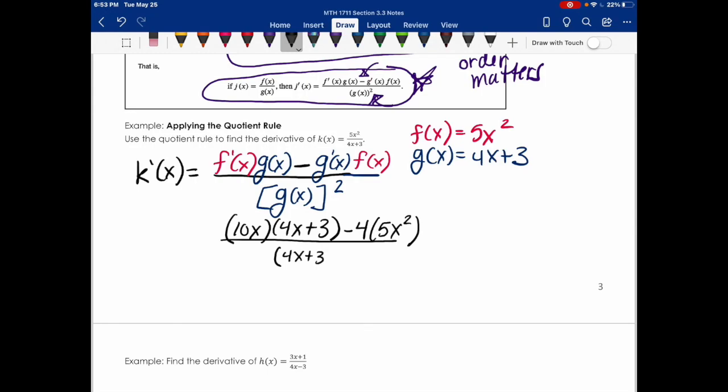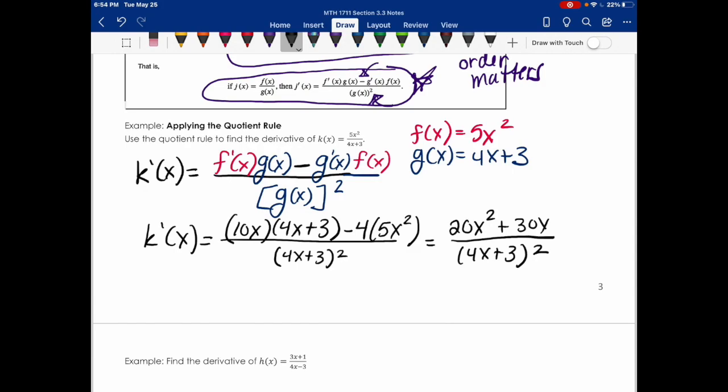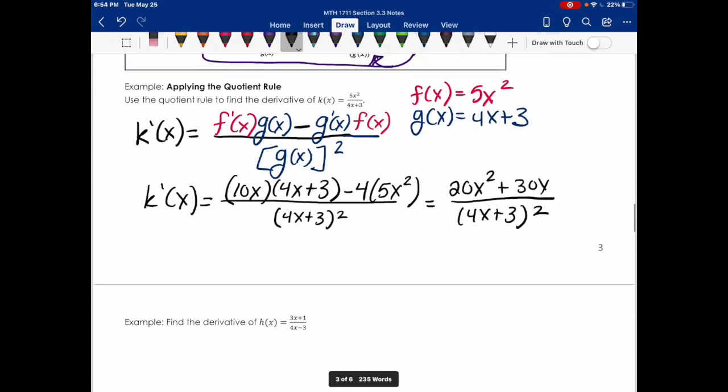And then I'm going to divide by g of x squared. So I'm going to put in parentheses down here 4x plus 3 squared. When you clean all of this up, what you're going to end up getting is 20x squared plus 30x all over 4x plus 3 squared.